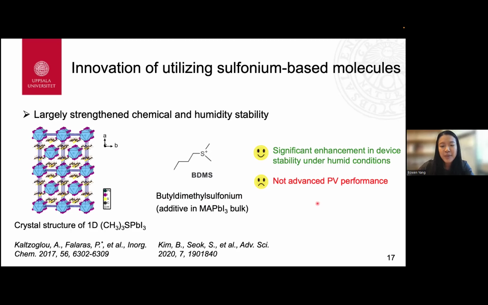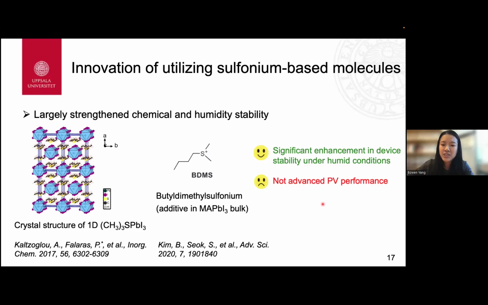We got inspired that such sulfonium molecules might have great potential in stabilizing perovskite in general, and meanwhile can hopefully also improve device performance, especially if they can be used on top of the perovskite surface.